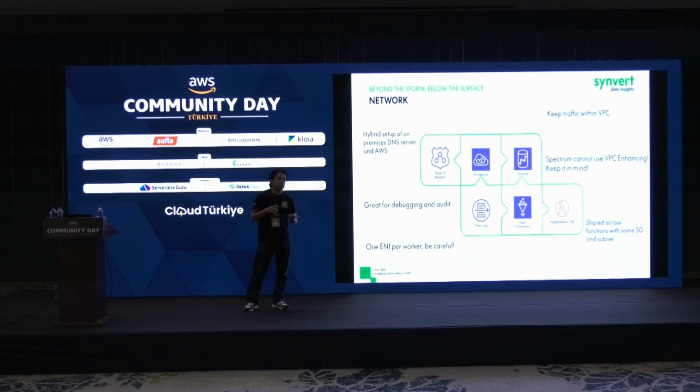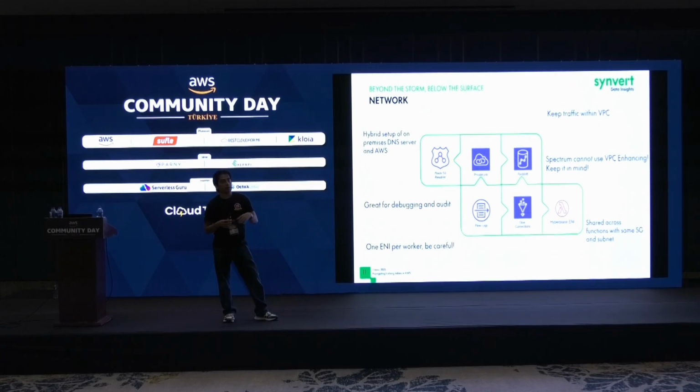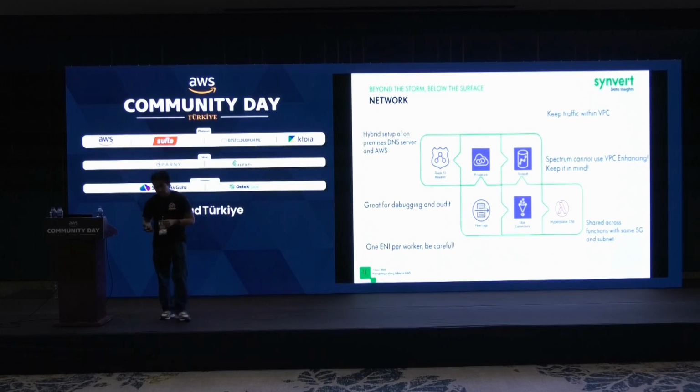And for each worker, an elastic network interface will be created, and each interface will consume 1 IP. So at one point we required more IPs. And luckily for this project, we were able to increase the size of the VPC, which was okay. But for other projects, we couldn't do that. So it's quite important that you account for that, even on data-related projects.